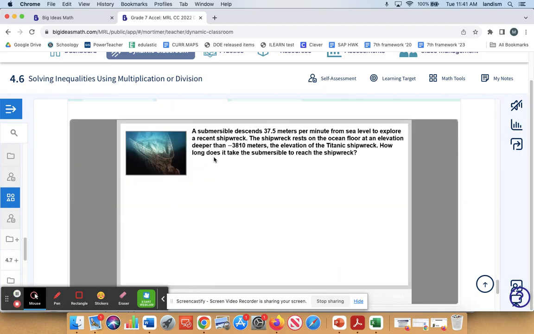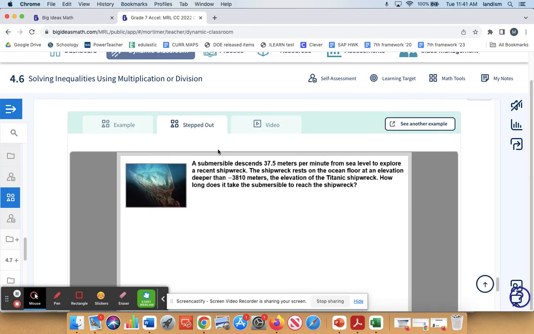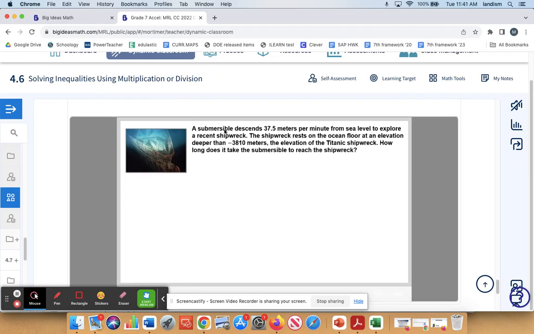Okay, last one that we're going to go through here real quick, the modeling real life problem. A submersible descends 37.5 meters per minute from sea level to explore a recent shipwreck. The shipwreck rests on the ocean floor at an elevation deeper than -3,810 meters, the elevation of the Titanic shipwreck. How long does it take the submersible to reach the shipwreck?